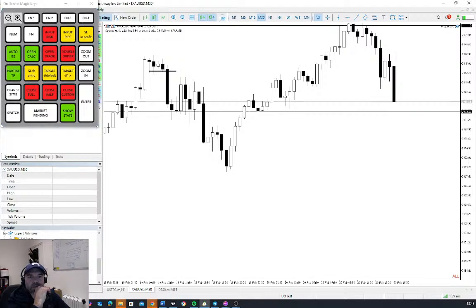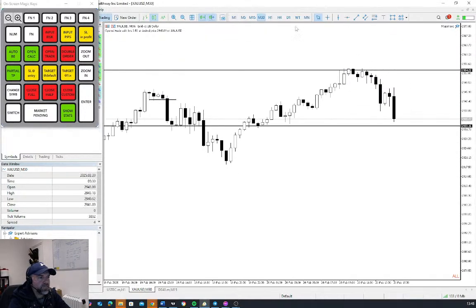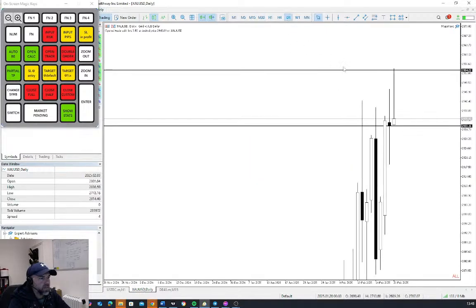So gold, let me just have a quick look. I like to look at it where it is on the day. So it's $2 up on the day. So it's basically flat on the day. Daily flip. If we break its own low, that's a sell.